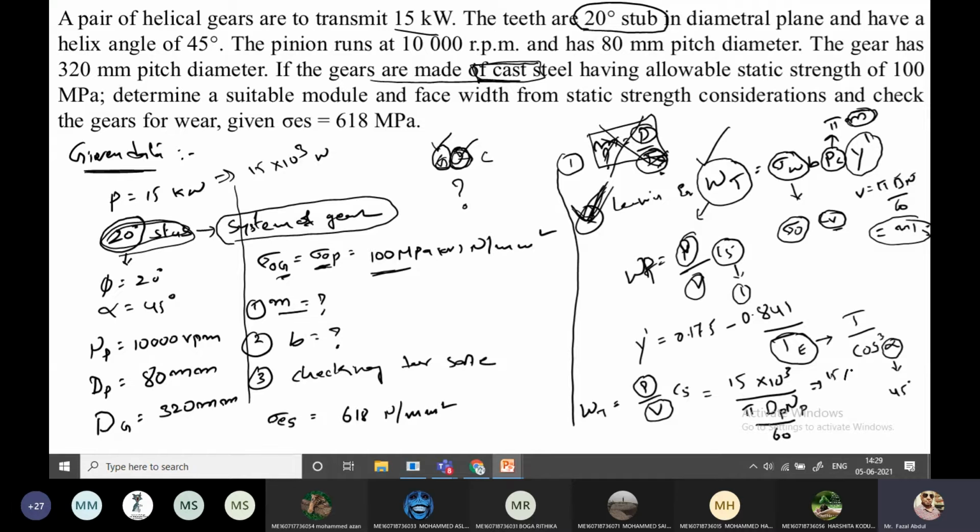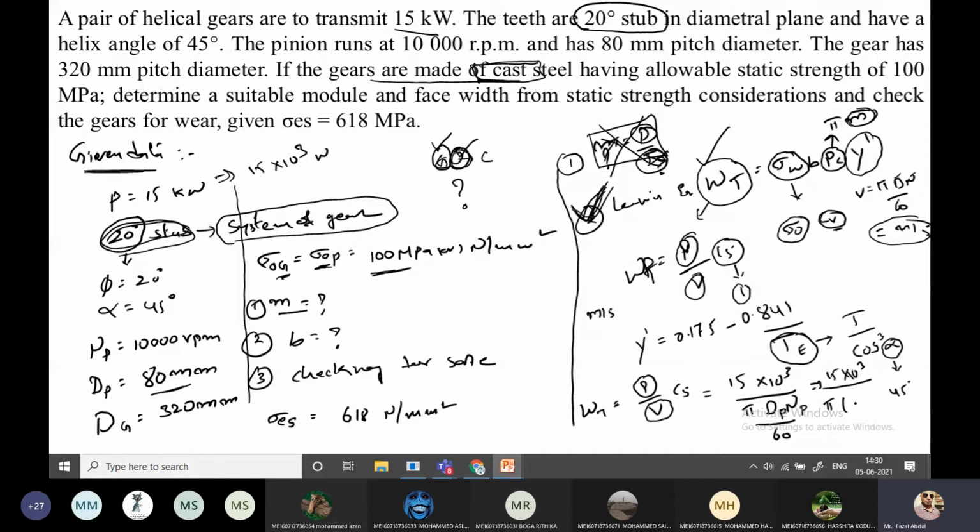Now 15 into 10 cube, 10 cube, pi into dp. How much is the dp value given? 80 mm is given, but we require the velocity in meters per second, so we need to convert this 80 into meters.